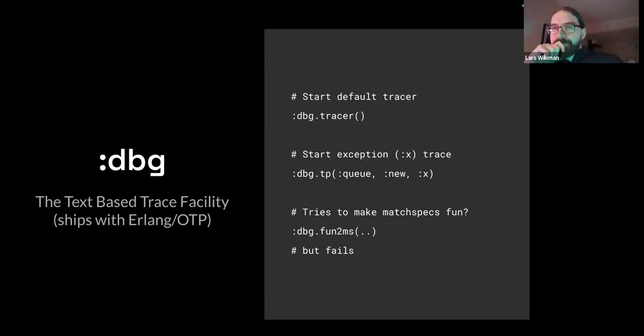So DBG, this ships with Erlang, the text-based trace facility. It has a different API. You start a default tracer by doing dbg tracer. You can start exception tracing by doing dbg.tp q new, and then X stands for exception, of course.